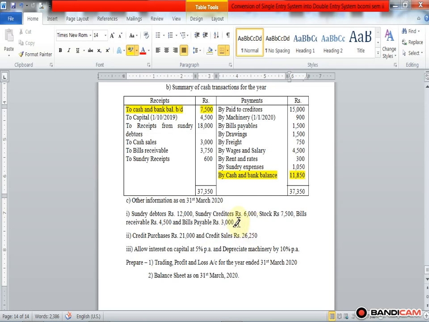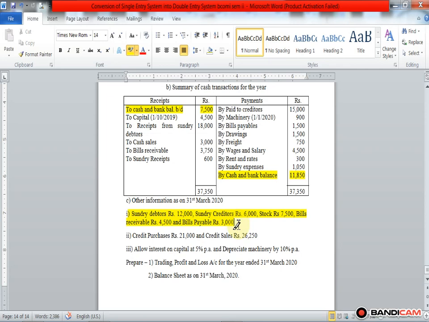Here the closing balances are given, so there is no need to prepare a working note to find them.